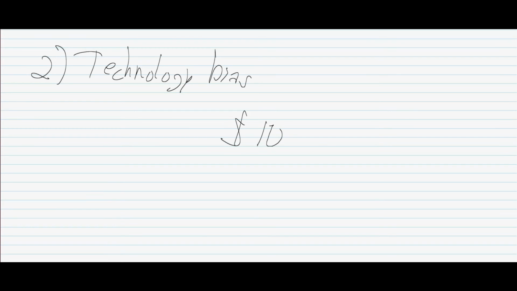Okay, the next problem of the CPI is called the technology bias. The CPI can't account for a better technology. So for example, one year the laptop you bought was $1,000, and the next year it was $750. It decreased in price by $250.